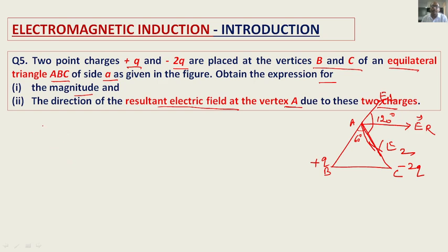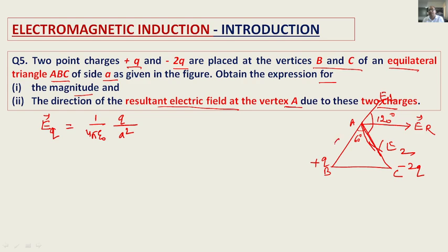Now, electric field E1 due to Q, let me write EQ, is equal to 1 by 4 pi epsilon 0 q by a square, right?